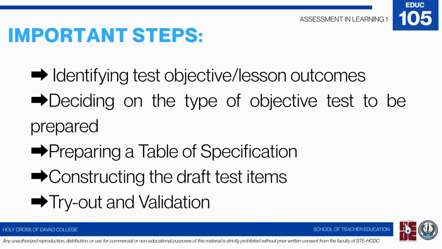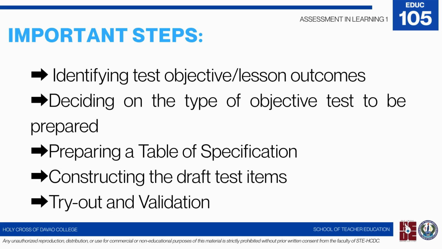Selected if we want to make a multiple choice, matching type, alternate response type of questions. And constructed if we want to have a short answer, an identification, or a completion test, or it could be through essay.